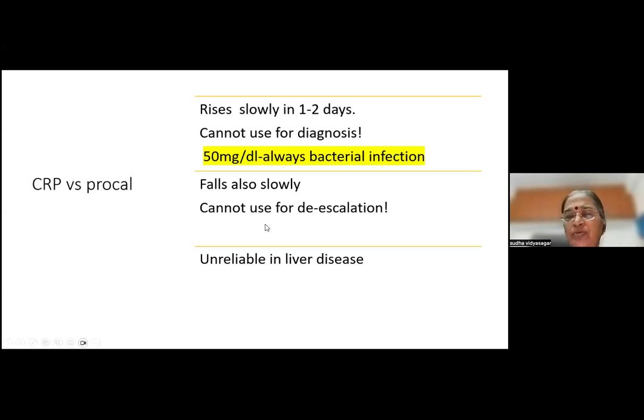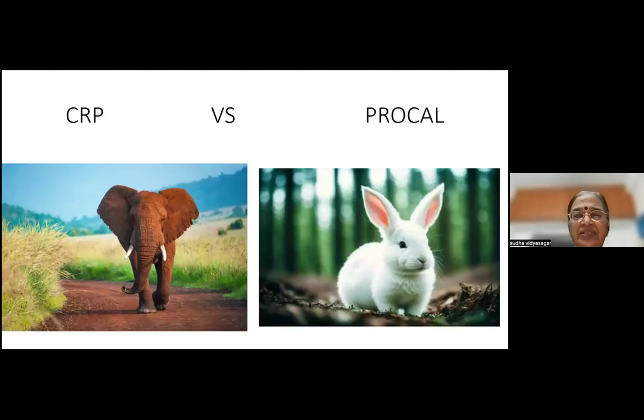So that can be used for de-escalation, this cannot. And it's unreliable in liver disease. So there are many problems with using CRP. The first one being the specificity being so poor, and of course the slow rise, the slow fall, and the unreliability in liver disease.